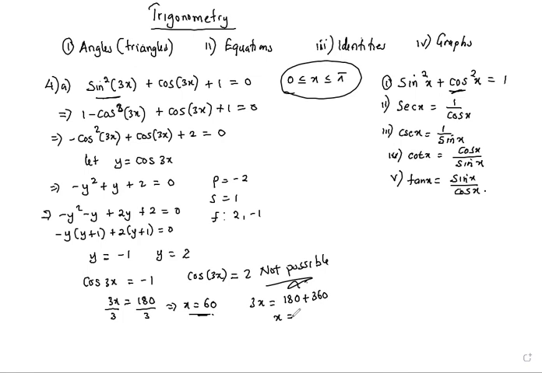That would be 180 plus 360, then we divide by 3. So we get 180. But because it's less than or equal, we have found two angles. If we got the other one, it will be beyond. That's how you find the angle.